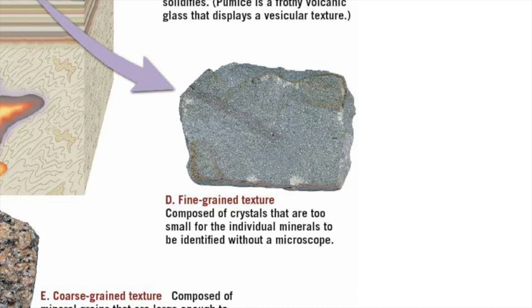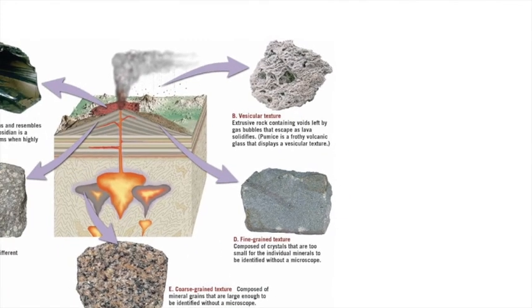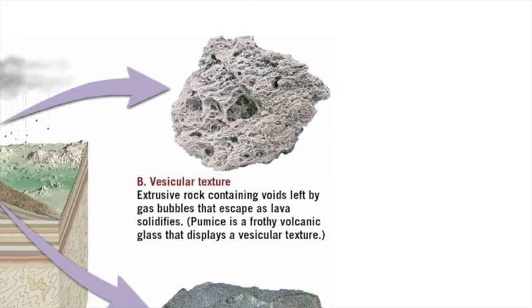You'd have to use a microscope to see it. And you can see that this is going to cool off faster than a coarse-grained rock. And then anything with vesicular structure is going to have gases in that lava that it cools so fast that the gas didn't have time to escape, and it basically seals that gas bubble inside the rock.